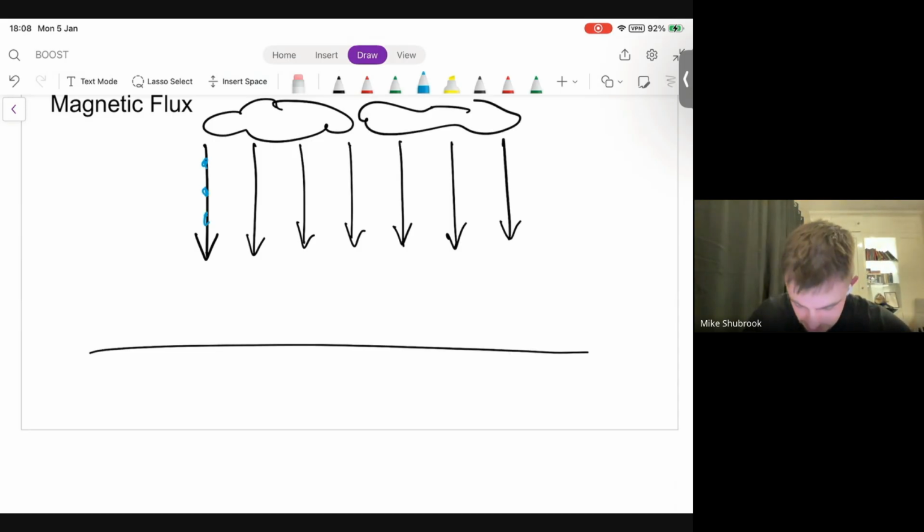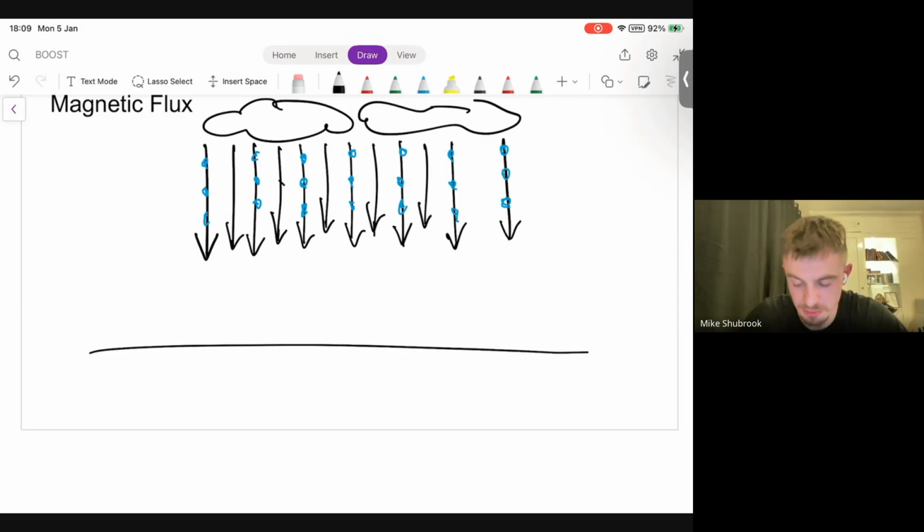All right, so hopefully you've all seen this before. I mean, we all live in the UK, so we definitely have. Right, so the rain are these little blue droplets, and I'm going to represent the fact that it is raining with these black arrows. So if it was raining even more, if it was really heavy rain, I would draw more of these arrows, right? There would be a higher density of these lines.